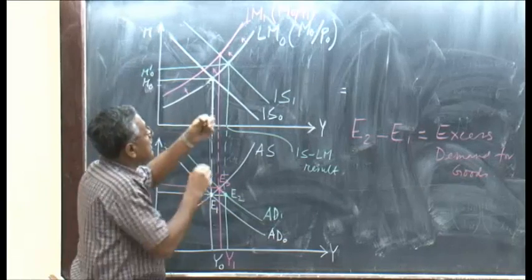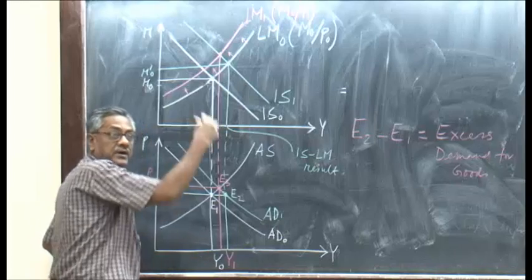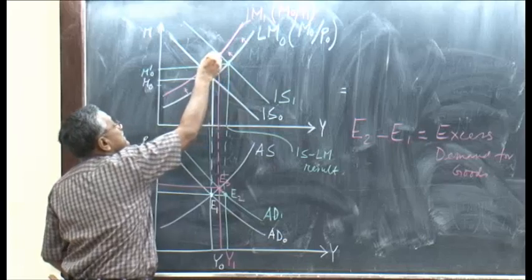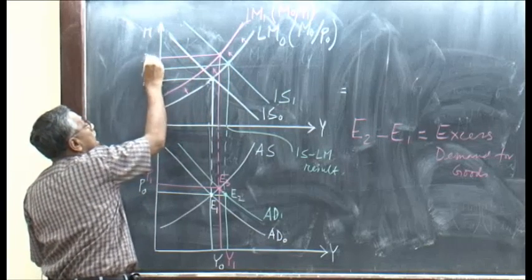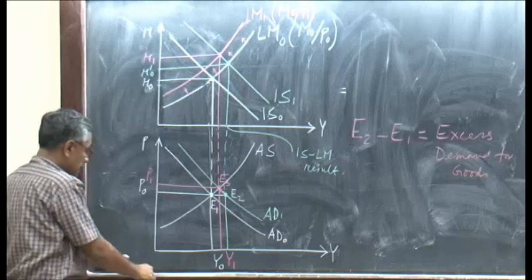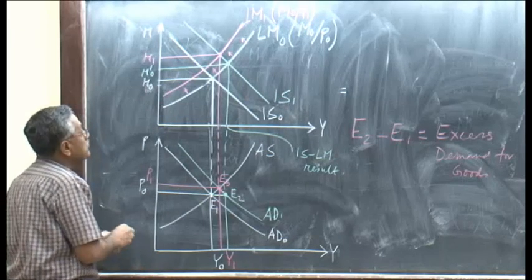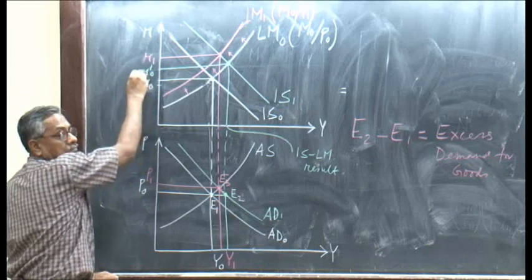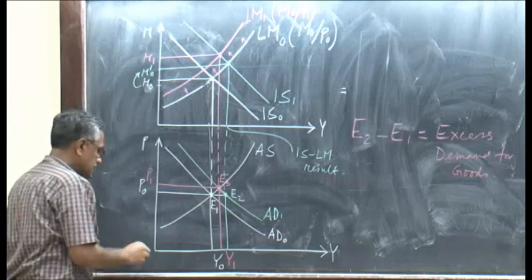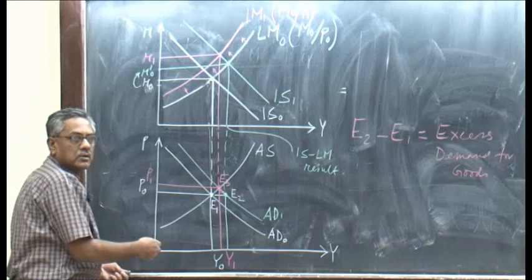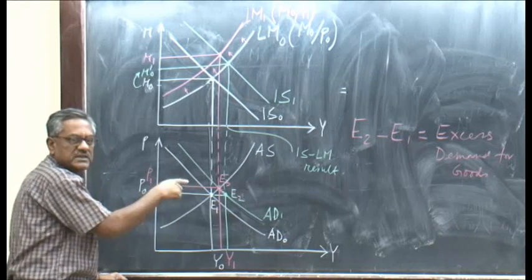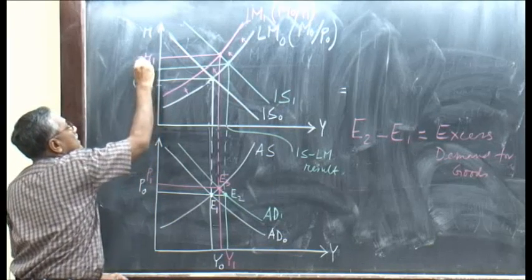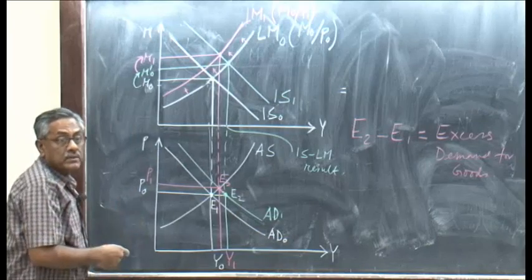Now, with LM shifting, there is an even higher interest rate, which goes up further. So the rate of interest increases even further to R1. So there is a double crowding out. First crowding out is from R0 to R1. Then the next crowding out is coming through an indirect effect by price increases and money market adjustments, that you go from R prime naught to R1.